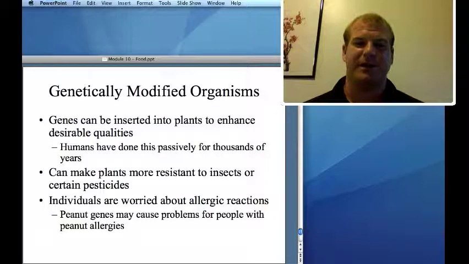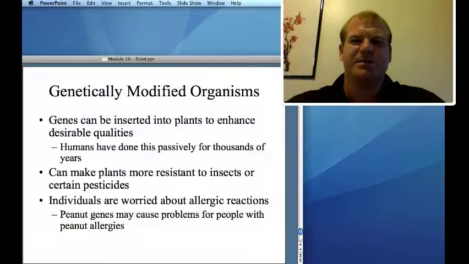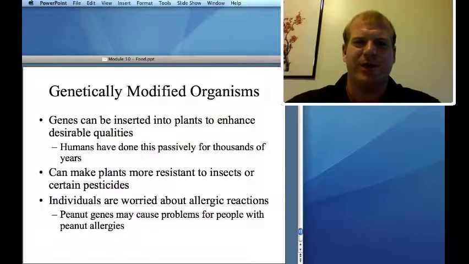Some people are worried about allergic reactions. I spoke to the vice president of Monsanto about this, and I brought this to his attention. I said, well, what about if you put peanut genes into plants, or fish genes into plants? Will people who are allergic to fish or nuts get allergic reactions? He assured me that these pathways are very well known, so they don't do anything to harm people.